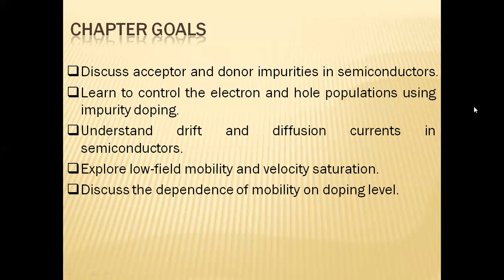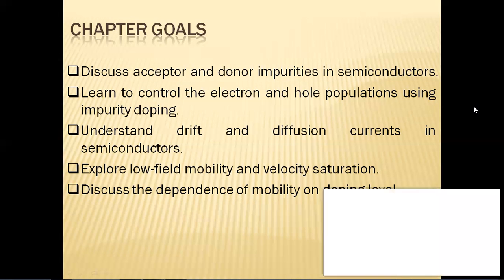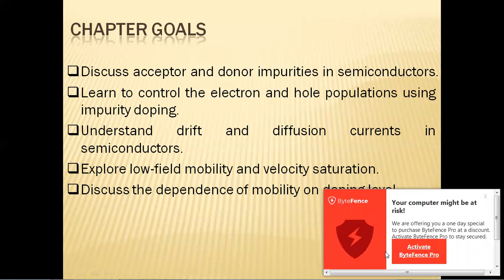Even the discussion regarding acceptors and donors, those are the impurities in semiconductors, to control the electron and hole populations using impurity doping. Understand the drift and diffusion currents. So diffusion currents, that is incrementing or decrementing, that is fluctuations in the voltages and sudden impact on the voltage levels and varying.